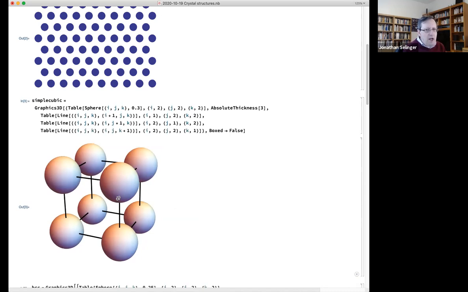This structure has cubic symmetry. That is, there are special directions along X and Y and Z. And you can rotate by 90 degrees about X or Y or Z to get back to the original structure.